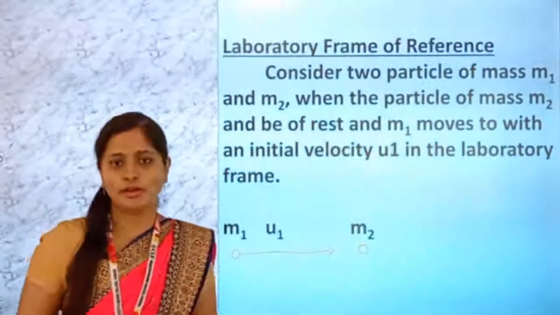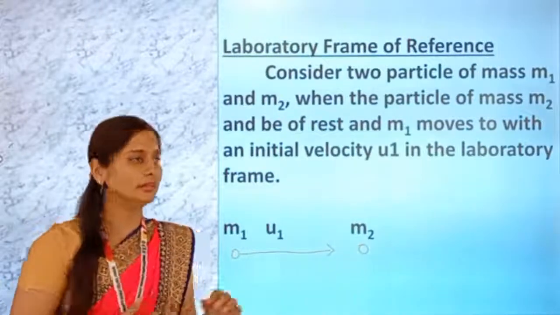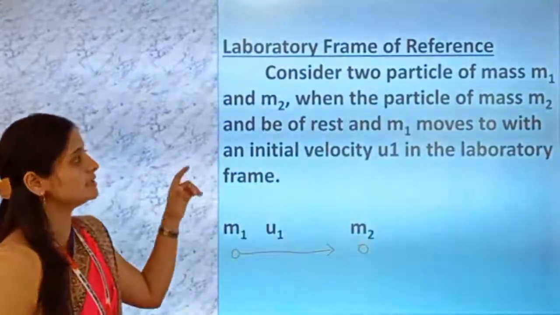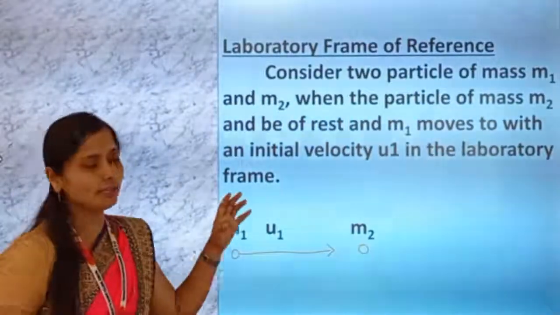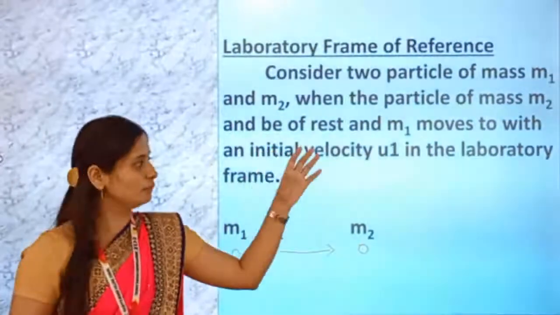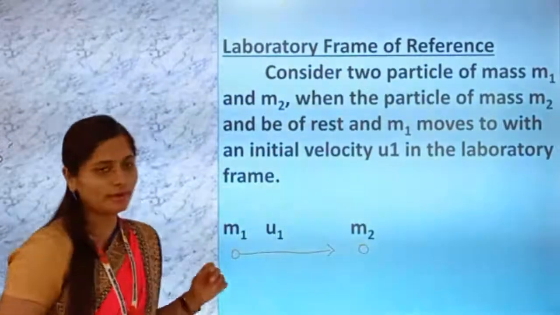Laboratory frame of reference. We must know the next concept related to that, the laboratory frame of reference. Consider two particles of mass m1 and m2. The particle of mass m2 is at rest and m1 moves with an initial velocity u1 in the laboratory frame.